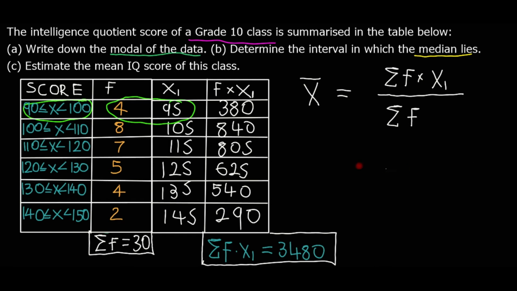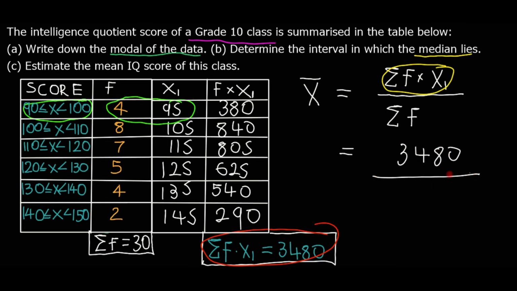So here we have this one, which is 3,480, and then divide by the sum of the frequency, which is 30.